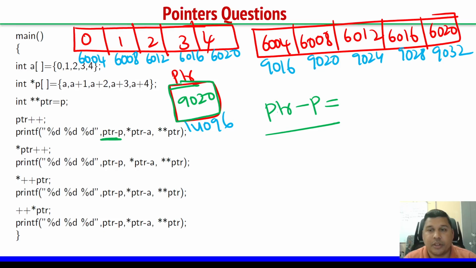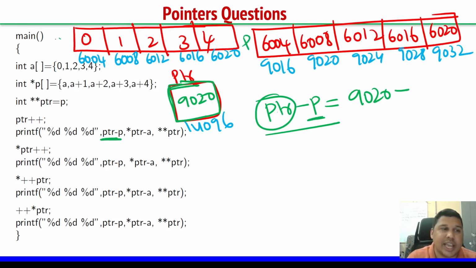Yes. How do you find out the difference between two pointers? Let us see this. What is the value of PTR? If I print PTR alone, what will I get? I will get this value, right? That is 9020 minus. What will I get if I print P? This is A, this is P, right? P will give me 9016, because it is an array, it will give the starting address.